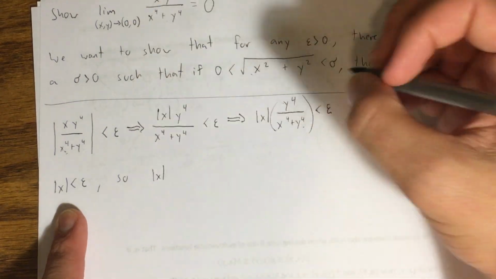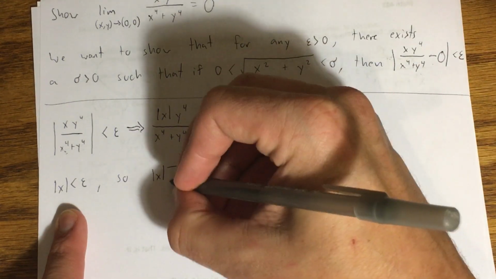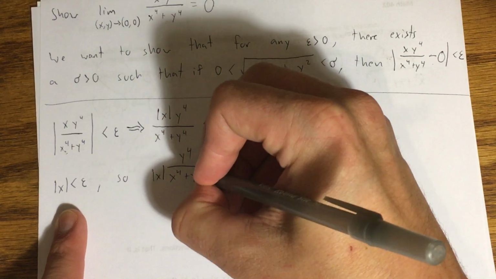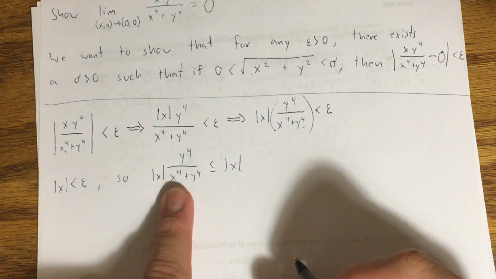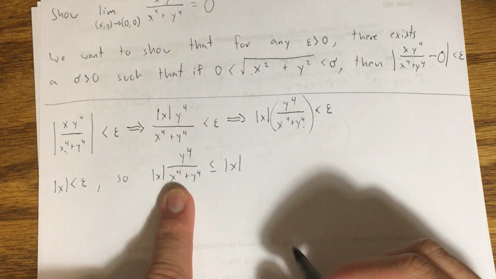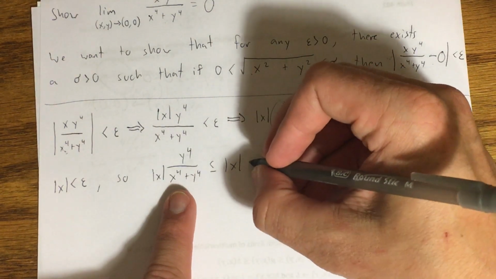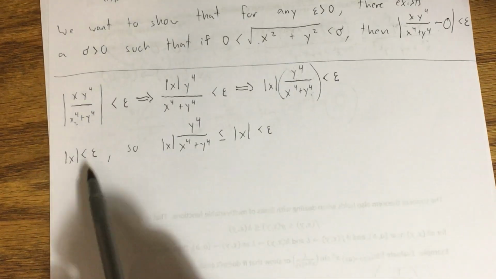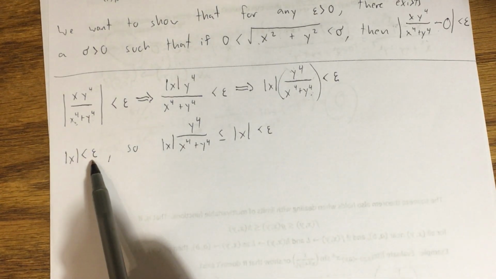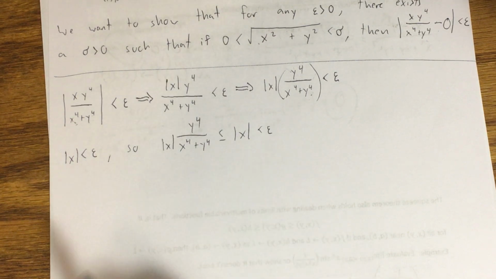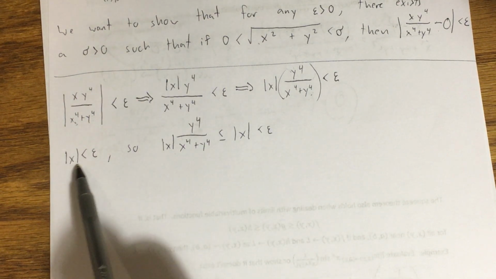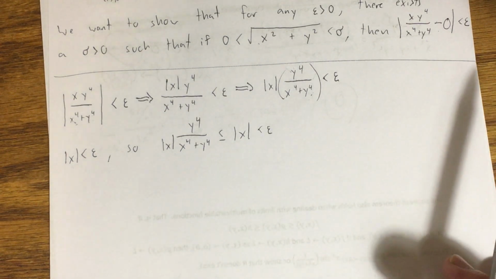Absolute value of x, y to the fourth over x to the fourth plus y to the fourth would be less than or equal to the absolute value of x times 1, based on that argument that we just had. You don't need to write that. And then this would be less than epsilon. So if we can get this absolute value of x to be less than epsilon, then this will be less than epsilon automatically. Okay? But remember, the goal here is to find a delta.